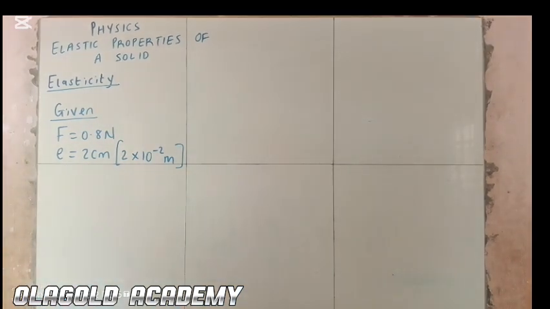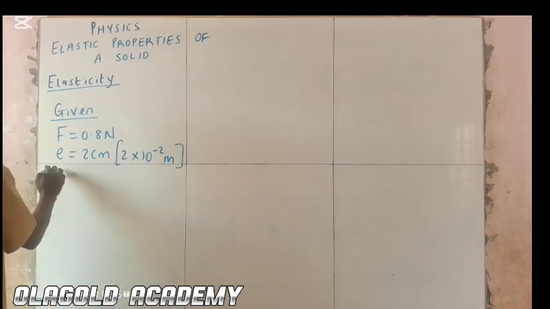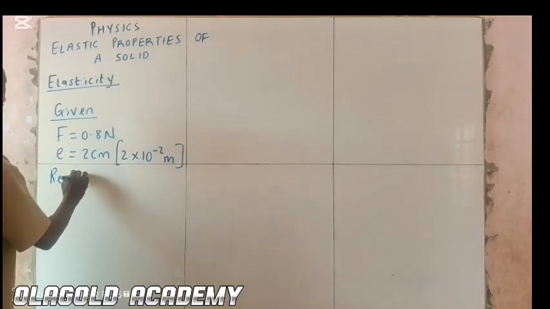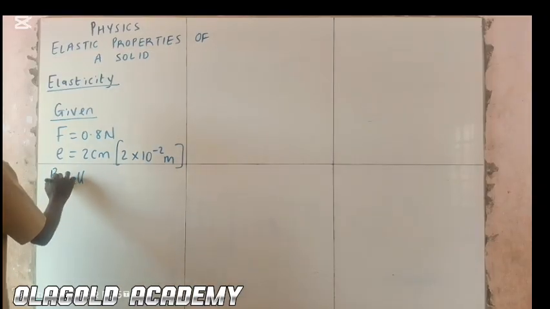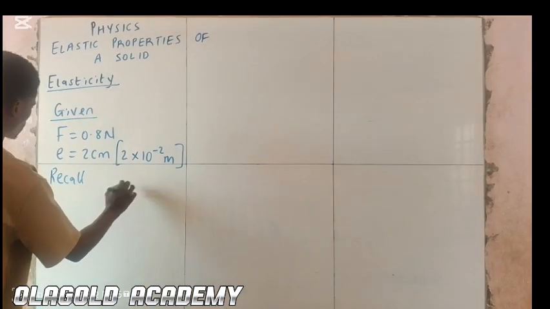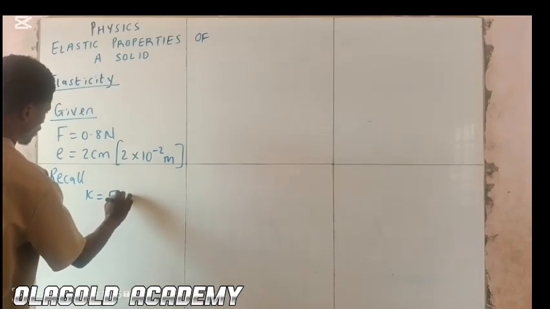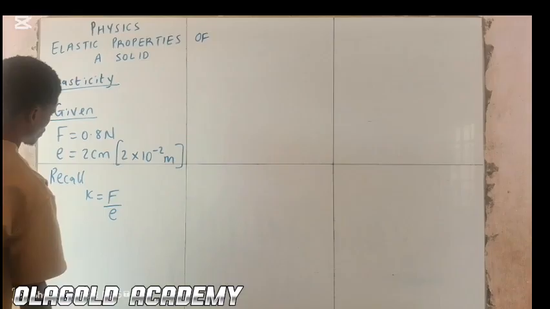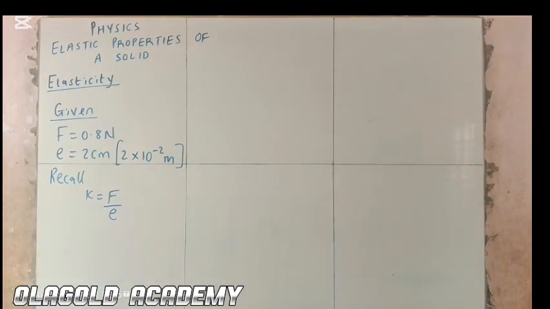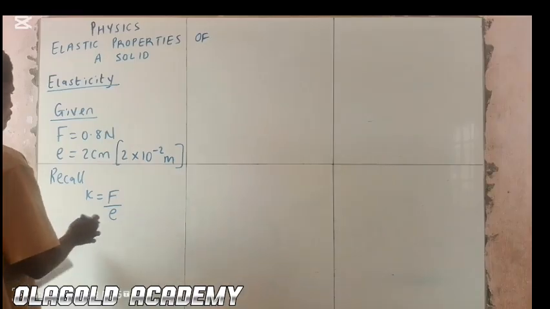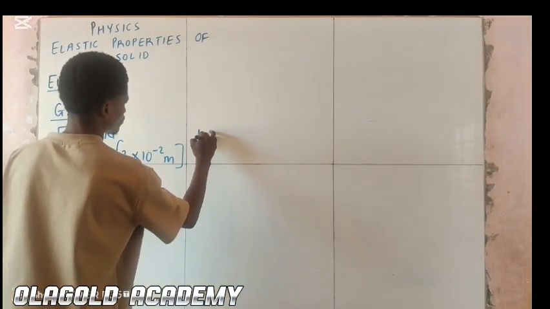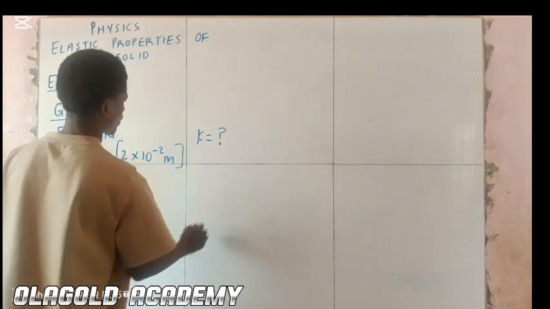From this, let's now bring out our formula. Recall that K equal to F over E. We are to calculate our elastic constant, so K equal to question mark.